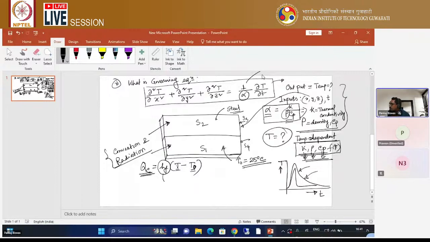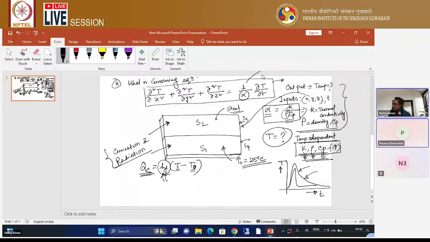But if the bottom surface is in contact with a metallic surface, the convection coefficient will be different. Depending upon the medium, this h value will be different. You need to specify that very accurately during your analysis, otherwise your result will not be accurate.